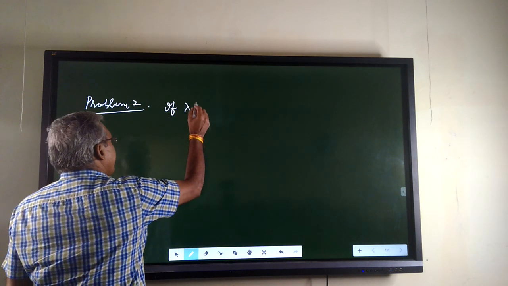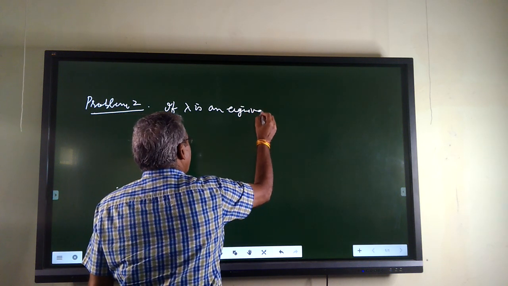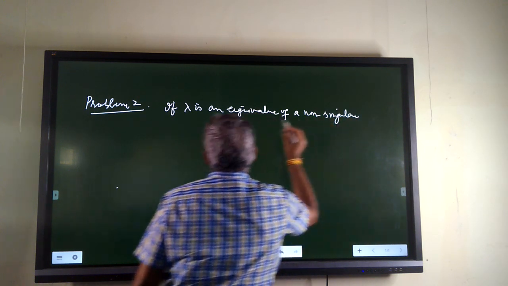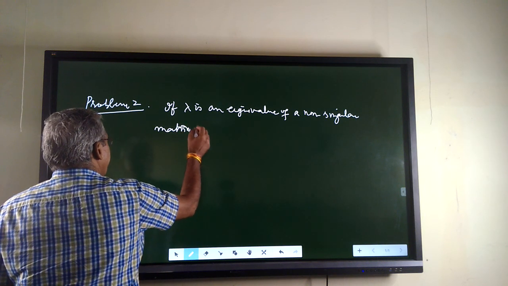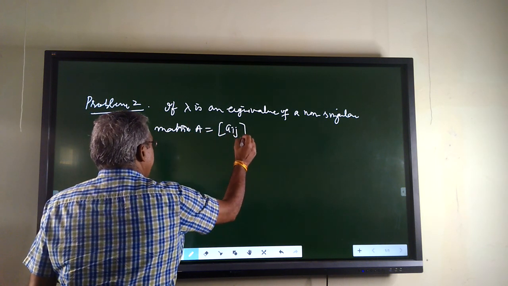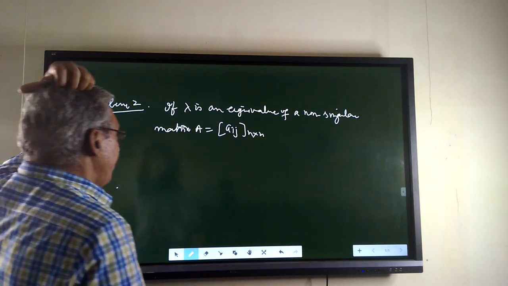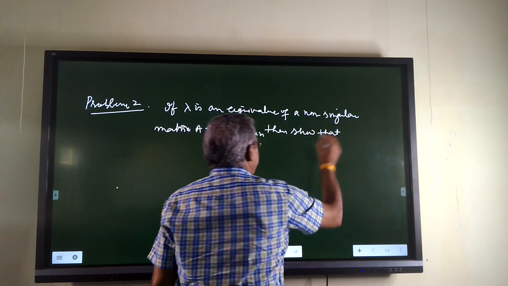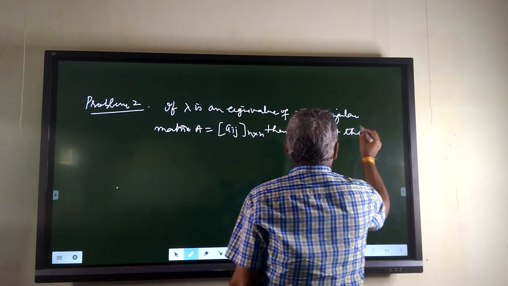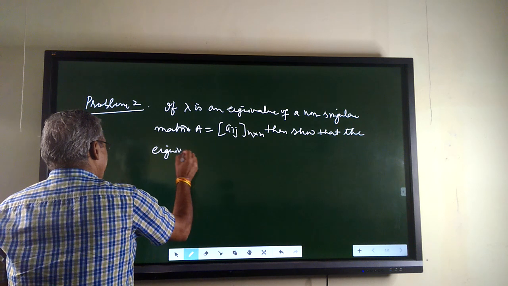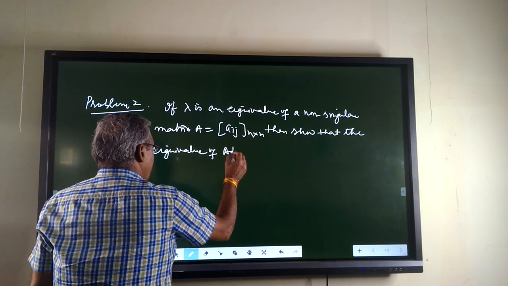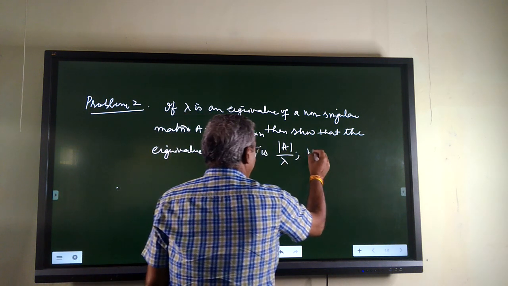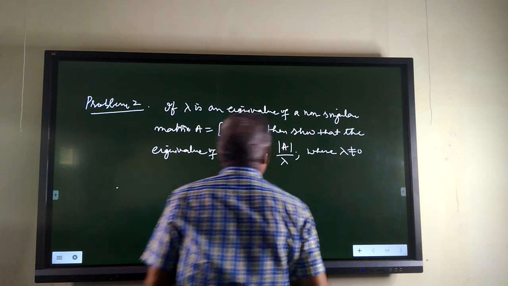If lambda is an eigenvalue of a non-singular matrix A, where A is a matrix of order n by n, then the eigenvalue of adjoint of A is determinant of A upon lambda, where lambda is not equal to 0.